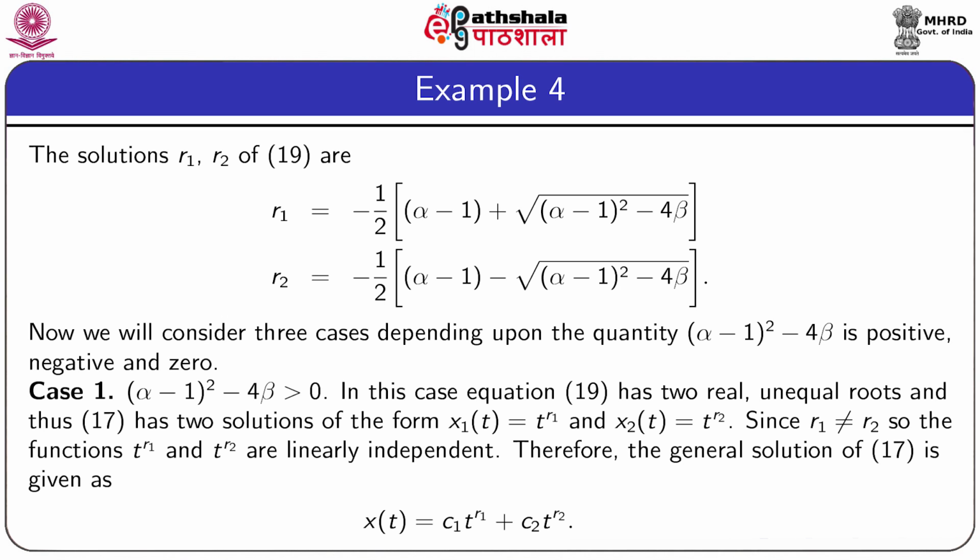Since r 1 is not equal to r 2, the functions t to the power r 1 and t to the power r 2 are linearly independent, and hence the general solution of 17 is given by x(t) equal to c 1 t to the power r 1 plus c 2 t to the power r 2.